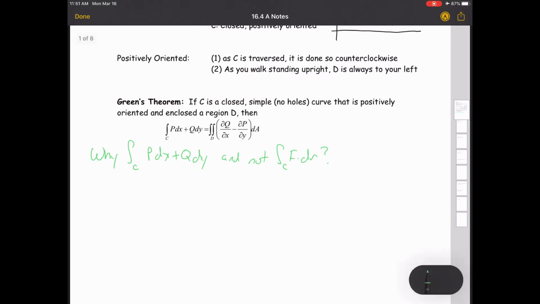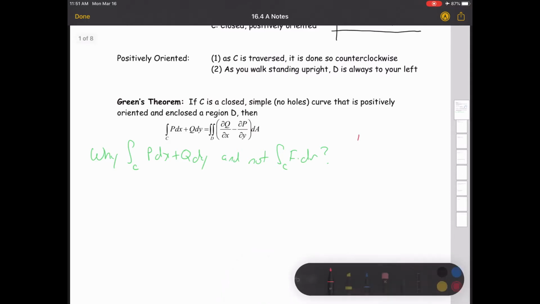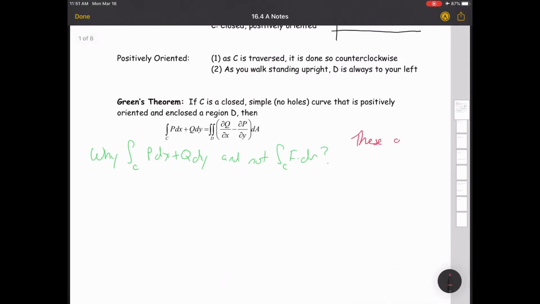But here's the thing. These are the same thing. They are the same. So let's show real quickly how that is.